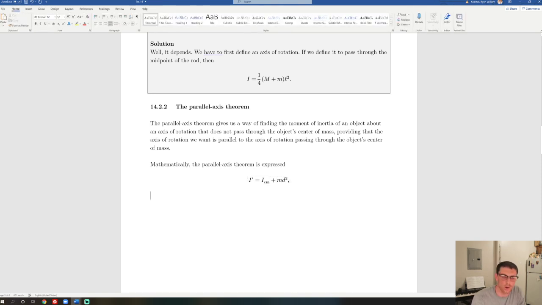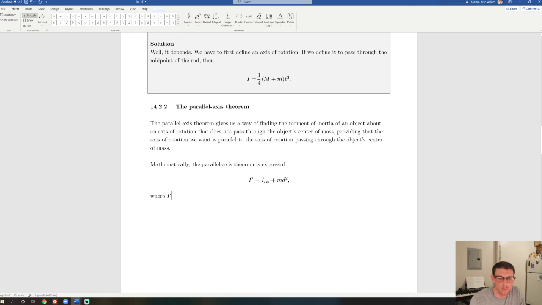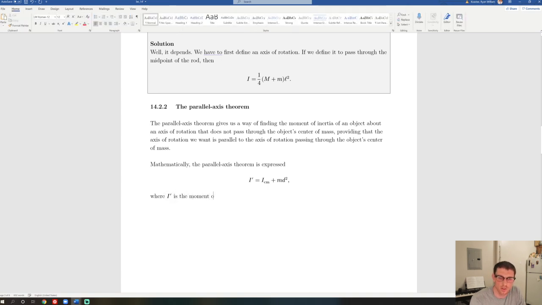Okay, so we need to probably talk about almost every term here. So let's start with I prime. So I prime is the moment of inertia about an axis parallel to the axis passing through the object's center of mass.